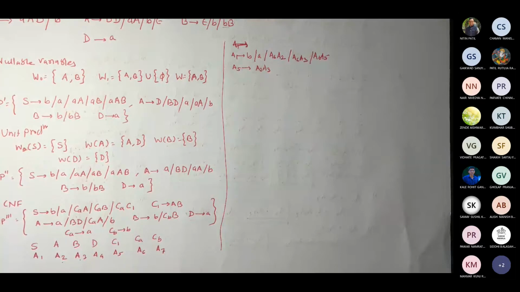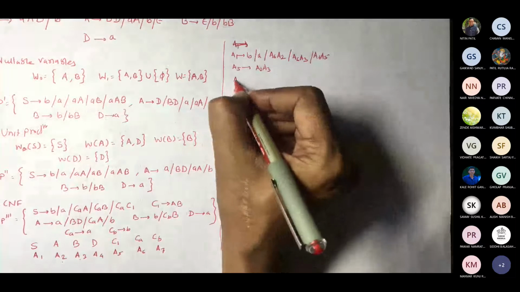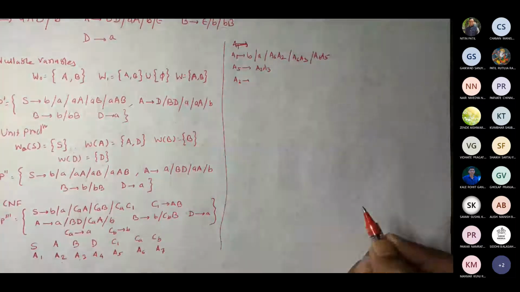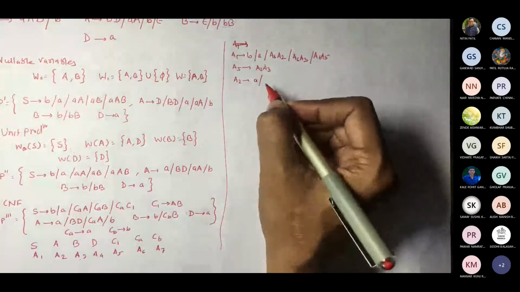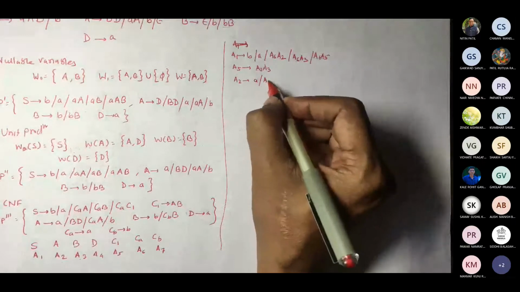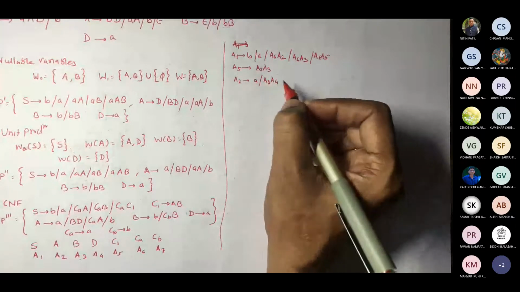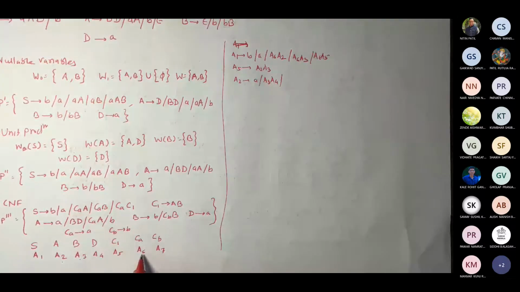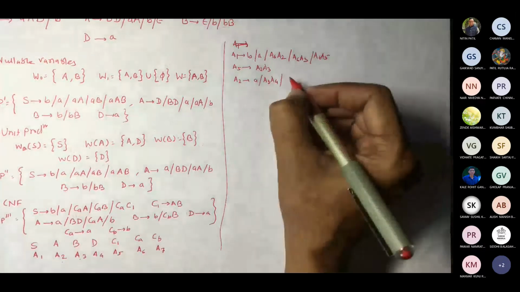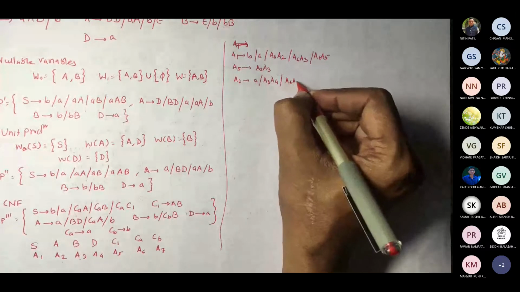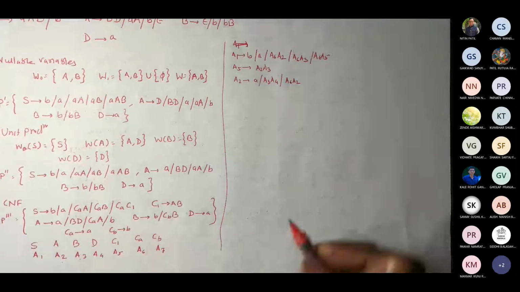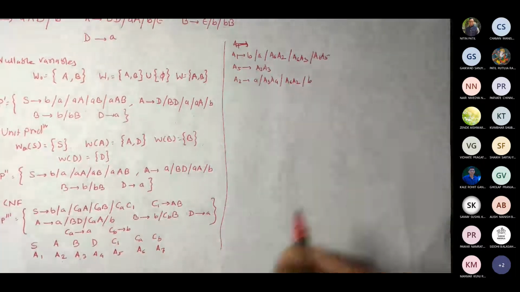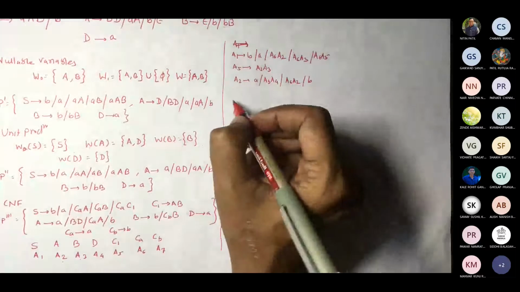Okay. So now A2 productions. A2 productions: A, PD, A3, A4. Then CAA, so A6, A2. And then B. Correct? A is done, so A2 is done.